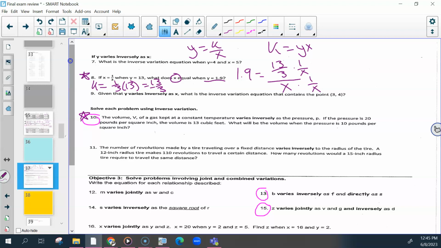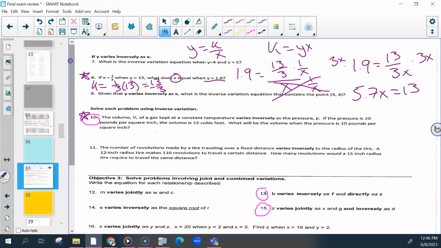How would you do this on the calculator? This part you wouldn't, but the next part you'll be able to. So that entire denominator cancels, and now we have 1.9 equals 13 over 3x. Now it's a little bit better to solve. Because now, if we're solving for x, we can multiply both sides by 3x. 5.7x equals 13.